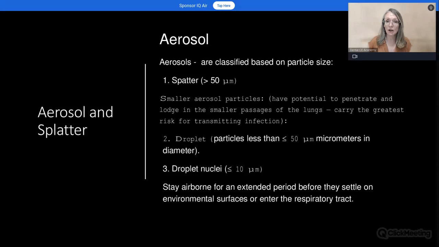Droplets are particles that are less than 50 microns or micrometers in diameter, and droplet nuclei, which are less than or equal to 10 microns. You're going to hear Glory talk about the ultra-fine particles, and those particles are very, very, very small in diameter.